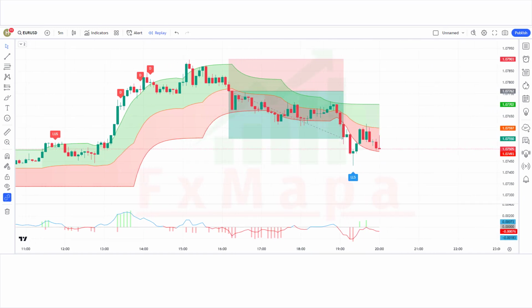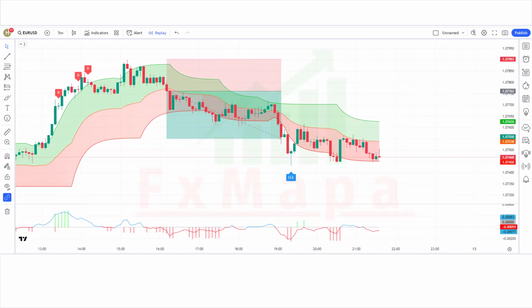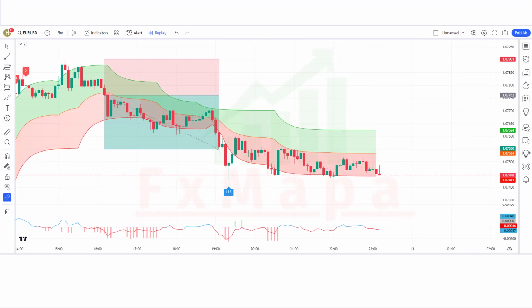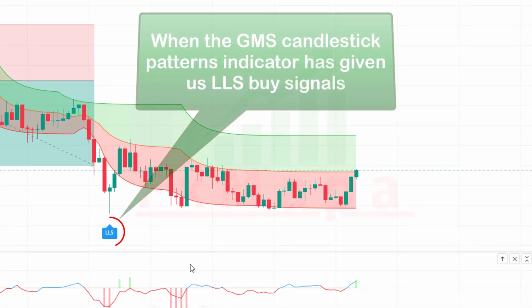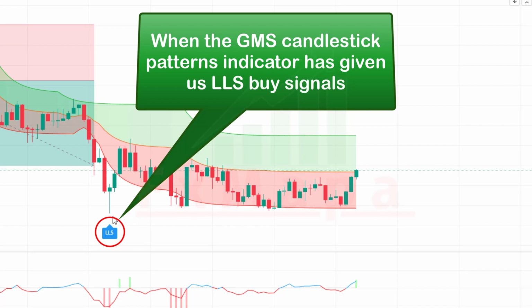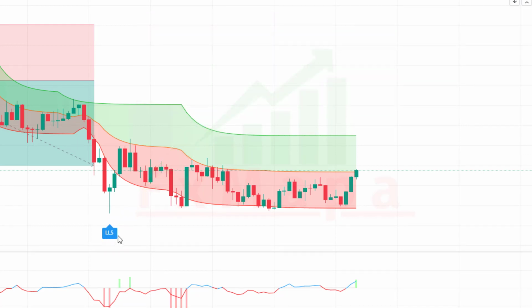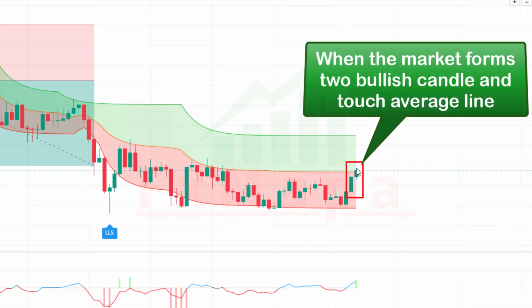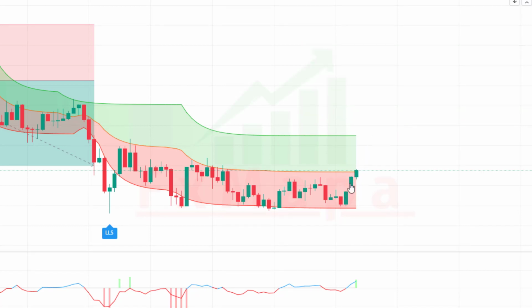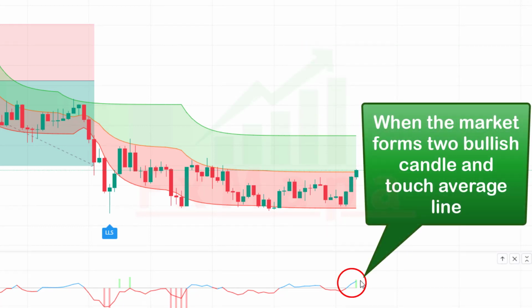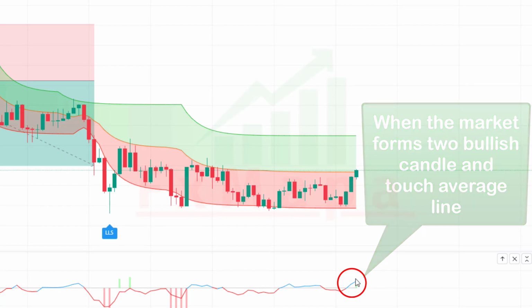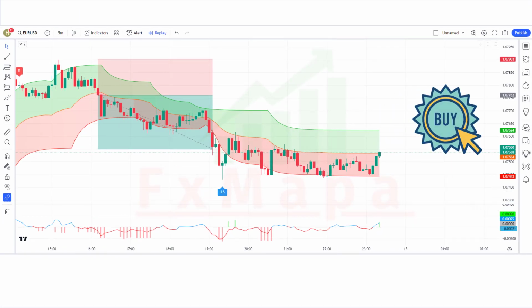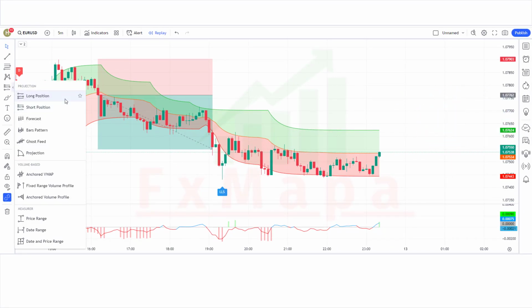Now let us understand the long position. When the GMS candlestick patterns indicator has given us buy signals, when the market forms 2 bullish candles and touches the average line, and when the histogram of the TB and trend oscillator indicator is in uptrend, if this condition is fulfilled, then we will place a buy order.